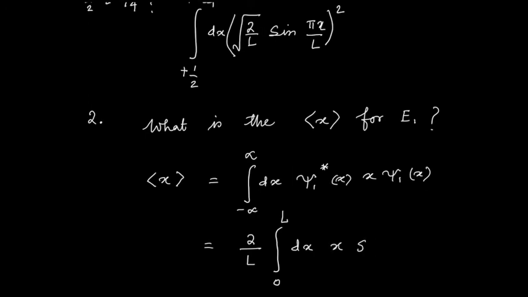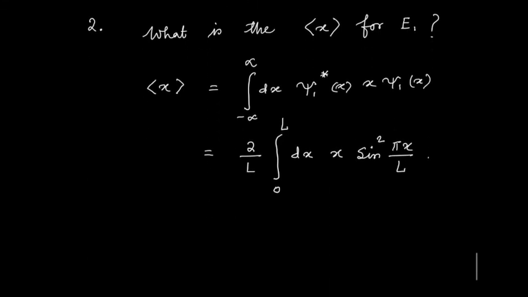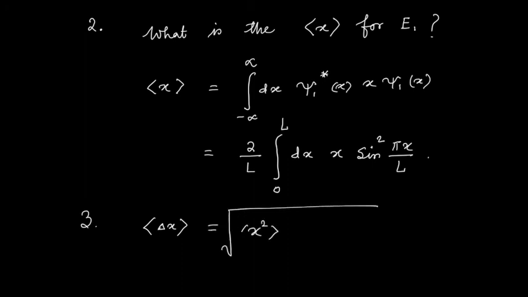And I can write this as x times sine square pi x by L. So I will leave all the integrations for you. I can ask what is this? Now this, if you remember, is the square root of x square average minus x average square.